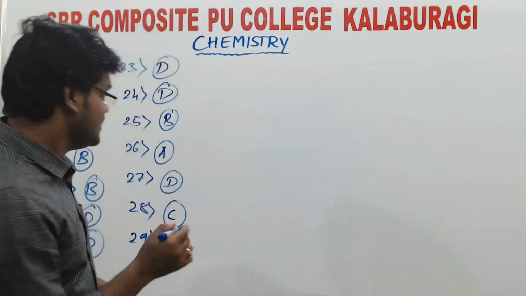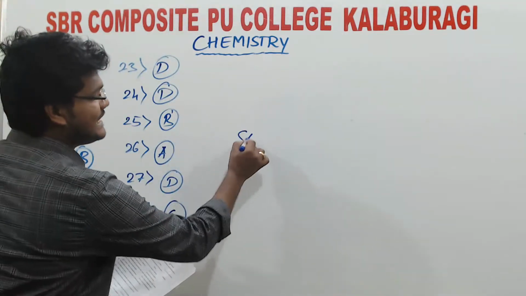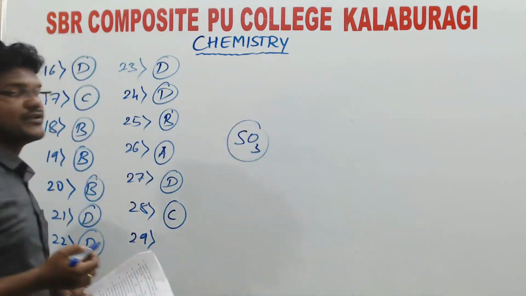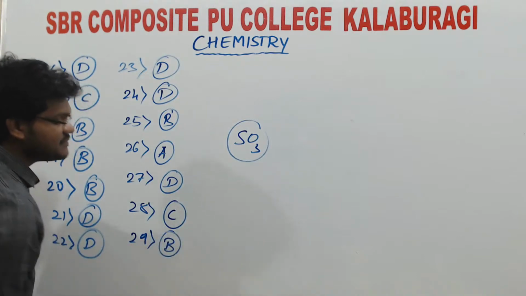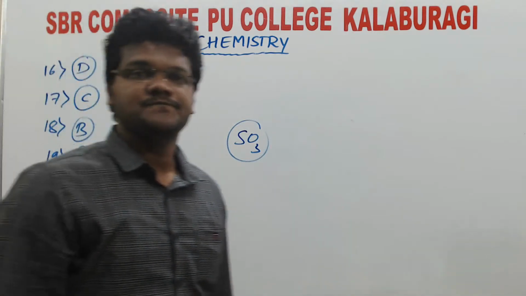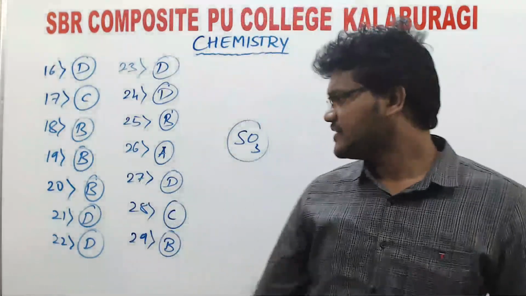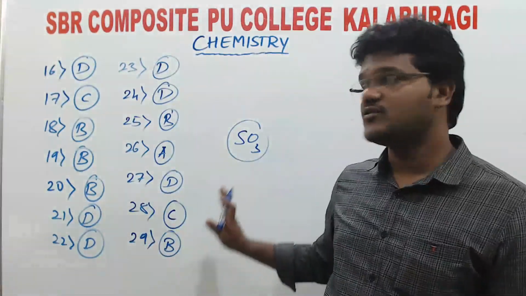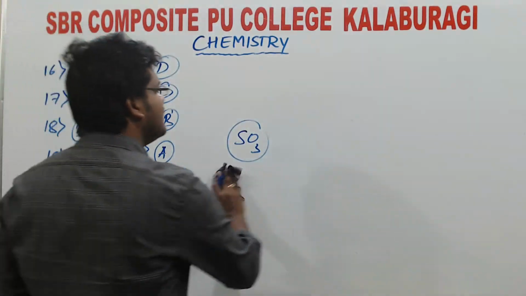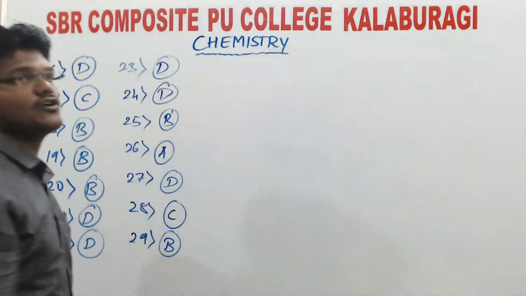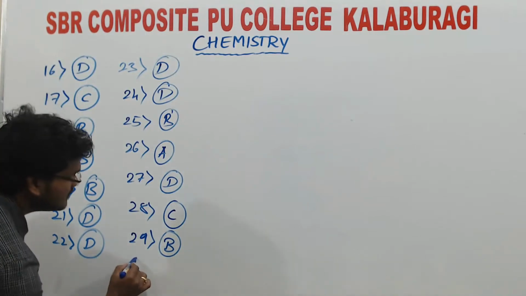Earlier there was a question. So SO3 acts as an electrophile during sulfonation. So that is why 29, it is my option number B. Option number B is the correct answer for 29. Clear? So let's go for next question.